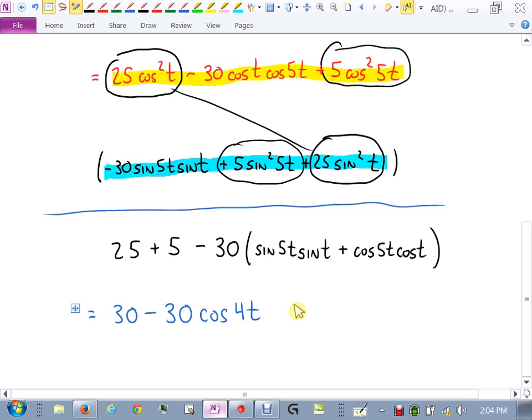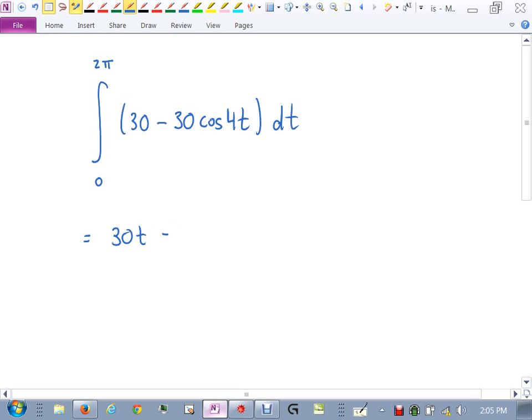So I'm ready to do my final integral. I'm doing the integral from 0 to 2 pi of 30 minus 30 cosine 4t dt. That's all I have to do, right? Which is 30t minus, sine 4t.